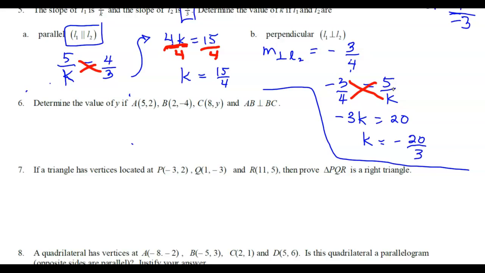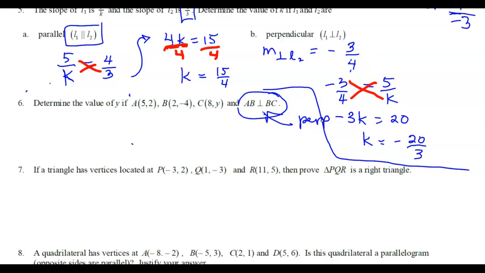Now a little bit more of an application. It says, determine the value of y if points A, B, and C are given those points, and it says AB is perpendicular to BC. That's what that means. Perpendicular or 90 degrees, however you want to think about it.